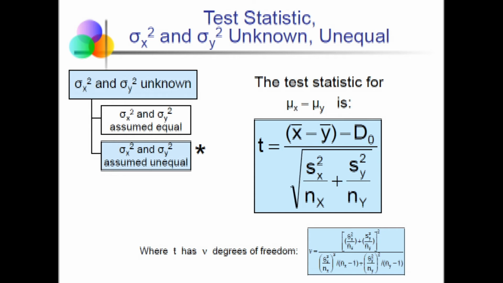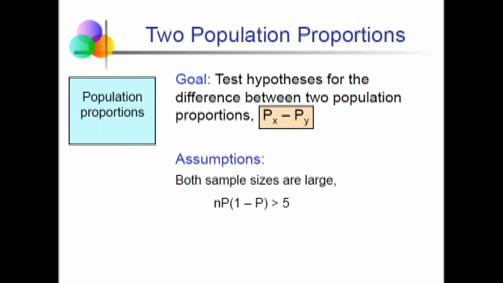Now, apart from testing hypotheses for the means, we can also test hypotheses for two proportions. In this case, we can have two proportions, px and py.